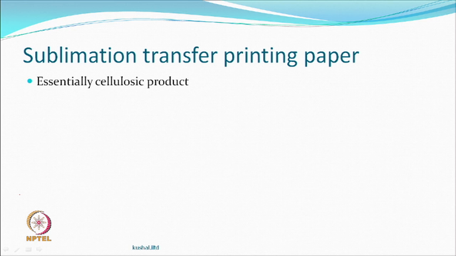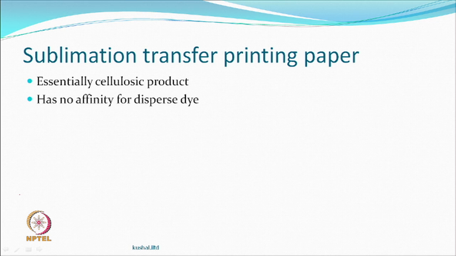So, one important thing is that whatever is being used for transfer printing as a paper is a cellulosic product. And because of this we are lucky that cellulose does not have any real affinity for a dispersed dye.